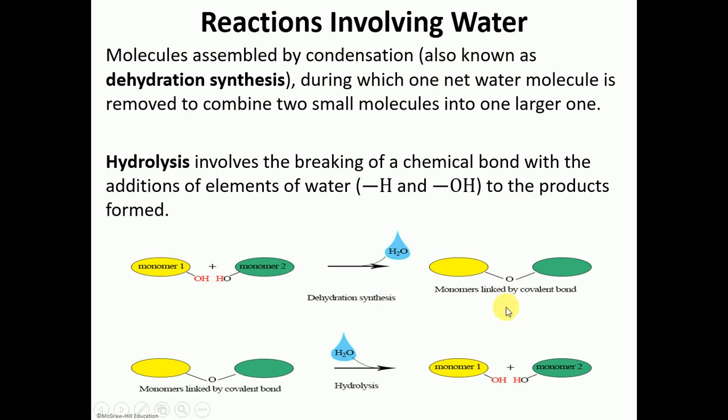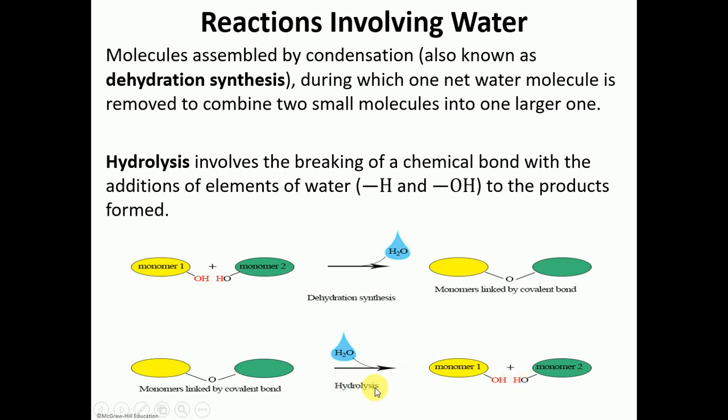In order to break this bond, all you have to do is add that water molecule again. So this is a reversible reaction, and the addition of water is known as hydrolysis. You can take this bigger molecule and break it down into its monomers by the addition of a water molecule.